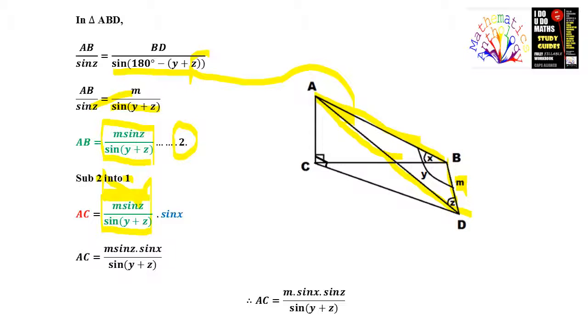M sine Z over sine of Y plus Z. So AC is equal to then M sine Z over sine of Y plus Z times sine X, and that sine X here is over 1. So if I put those two fractions together, that's top times top over bottom times bottom, and I should end up with what I want, and that is M sine X times sine Z all over sine of Y plus Z, and that's equal to AC.